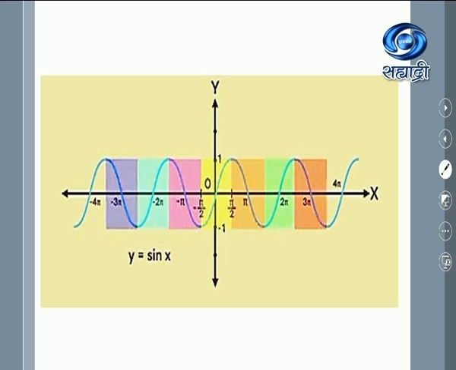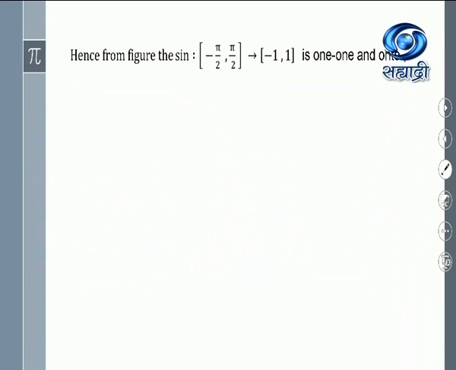So for these different intervals, we have branches which give you one function. But amongst all, we choose only this interval -π/2 to +π/2, and that is called the principal value branch.